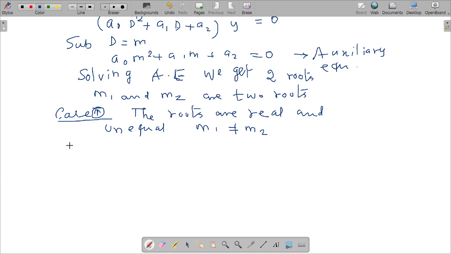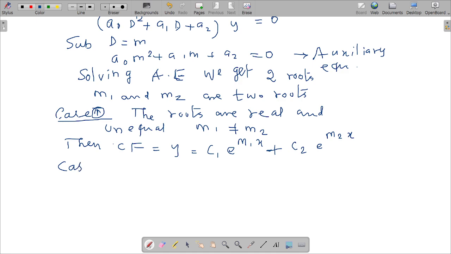Then the complementary function is y equal to C1 e power m1 x plus C2 e power m2 x. This is the first case.